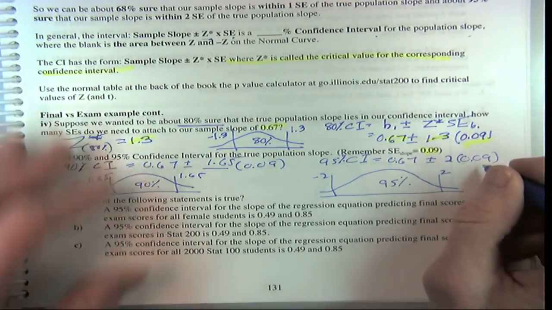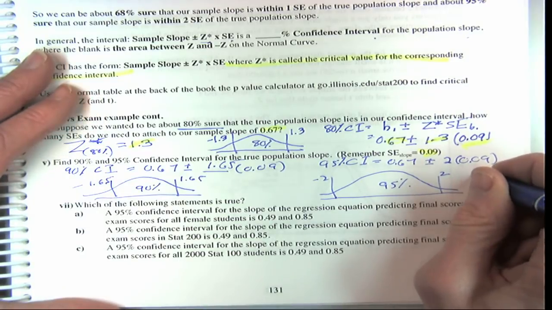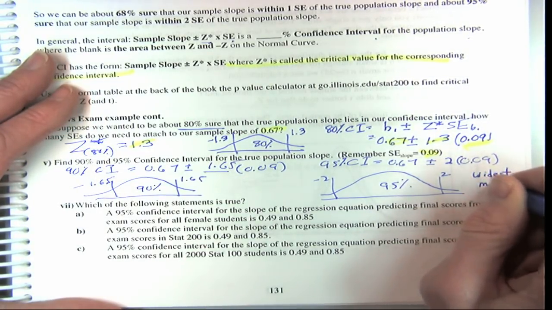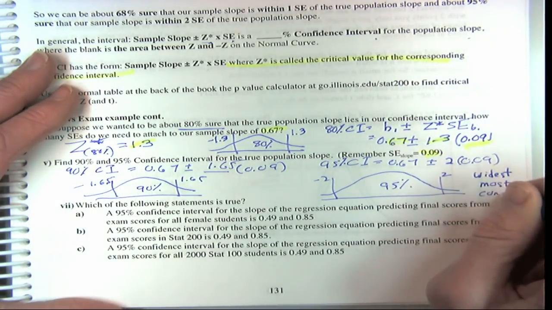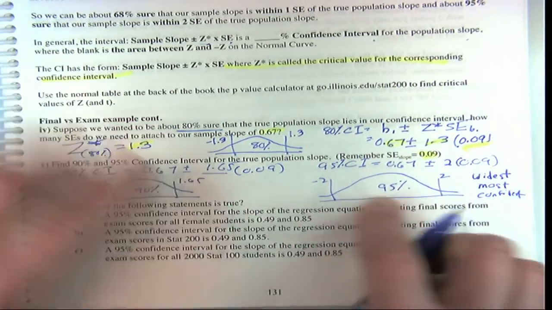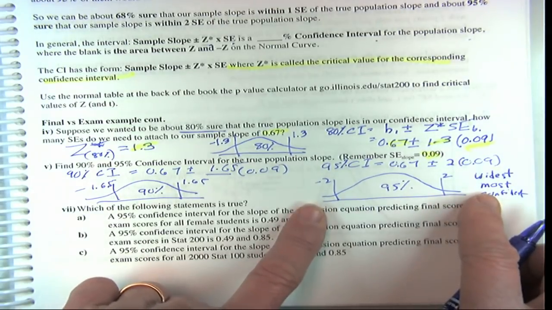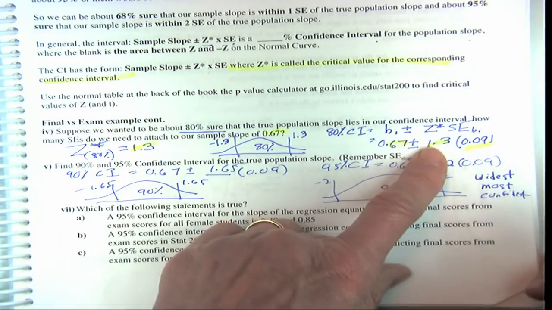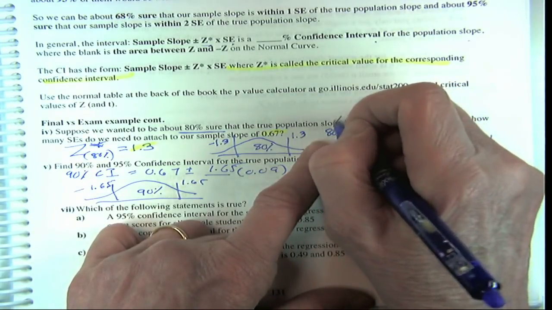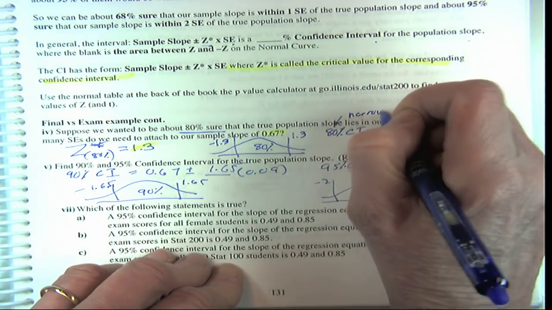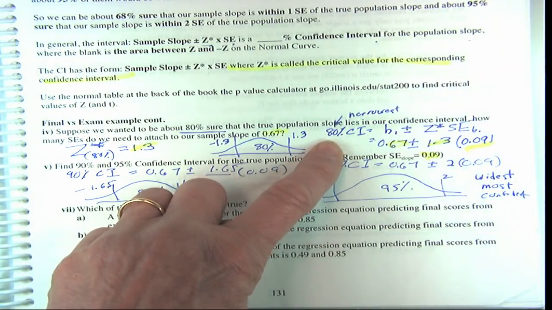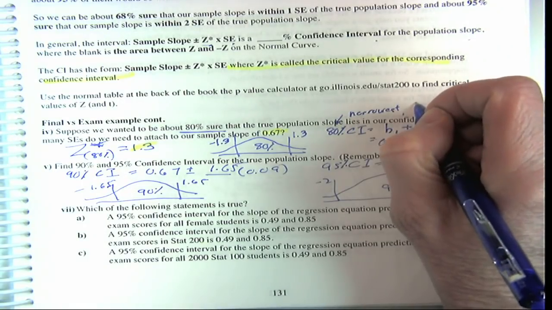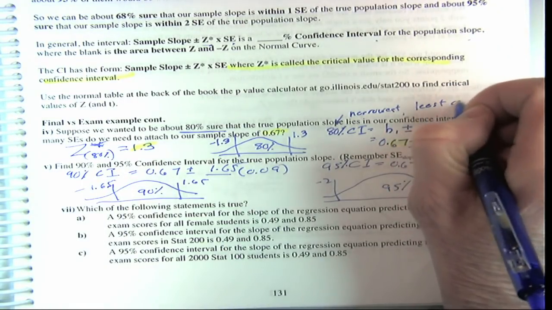So this is the widest, and we're the most confident, 95%. If we went out really far, we'd be 100% confident. And this is the narrowest, because we're the least confident, 80% confident versus 95% confident.